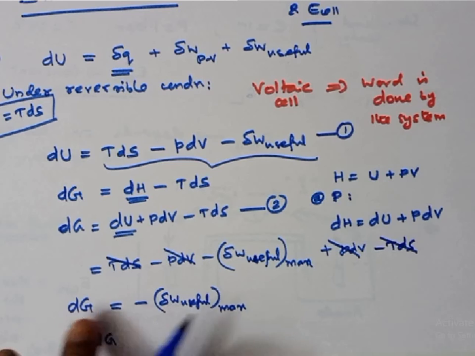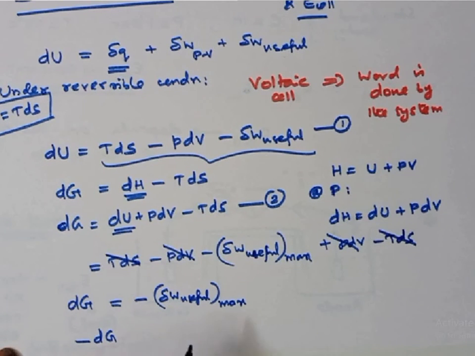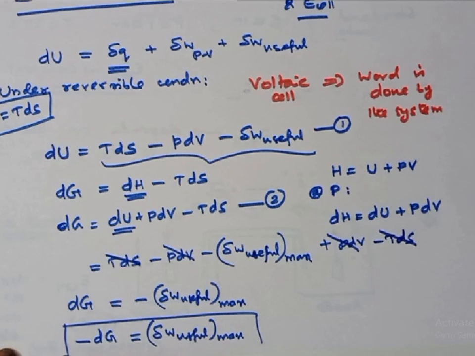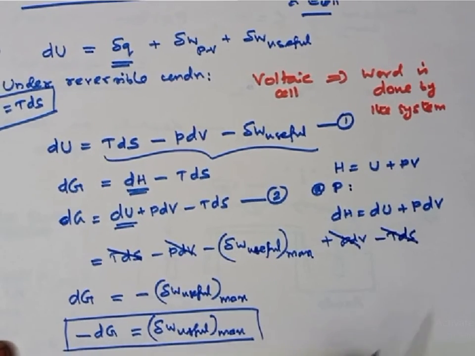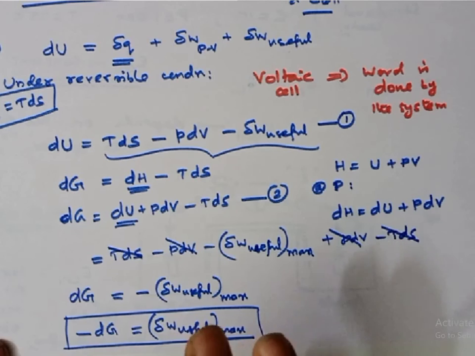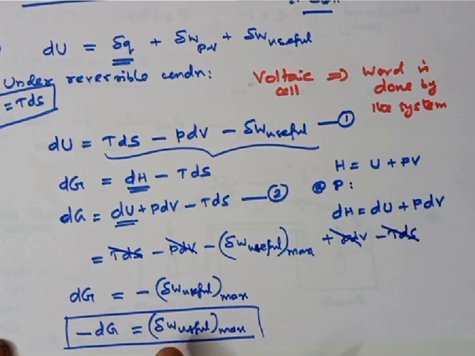Okay, I'll multiply both sides by minus, so I'll get minus dG. Minus dG is equal to delta W useful maximum. What's the meaning? The meaning is this. Students observe carefully. The useful work, whatever may be the process, is obtained by the decrease in free energy of the system.